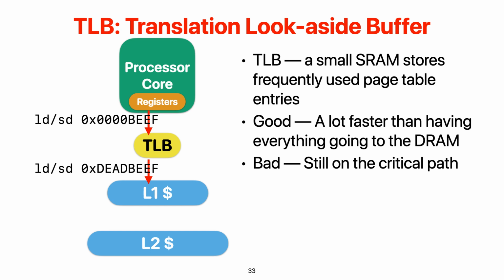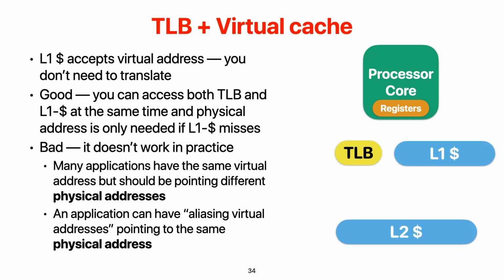However, we are greedy. We are not satisfied, because the TLB is in between your processor core and the L1 cache, so it adds an additional cycle for each cache access. That's not great enough. So another thought is, why don't we just make the L1 cache accept virtual addresses?